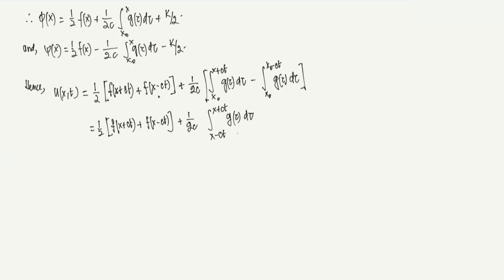It is called the D'Alembert formula, the solution for the Cauchy problem. The above formula is called D'Alembert's formula for the one-dimensional Cauchy problem, the 1D Cauchy problem.